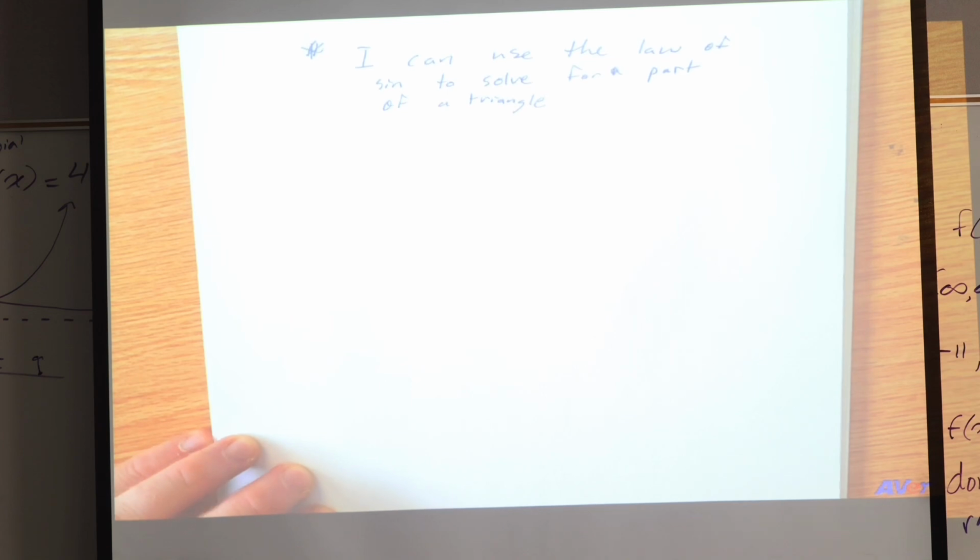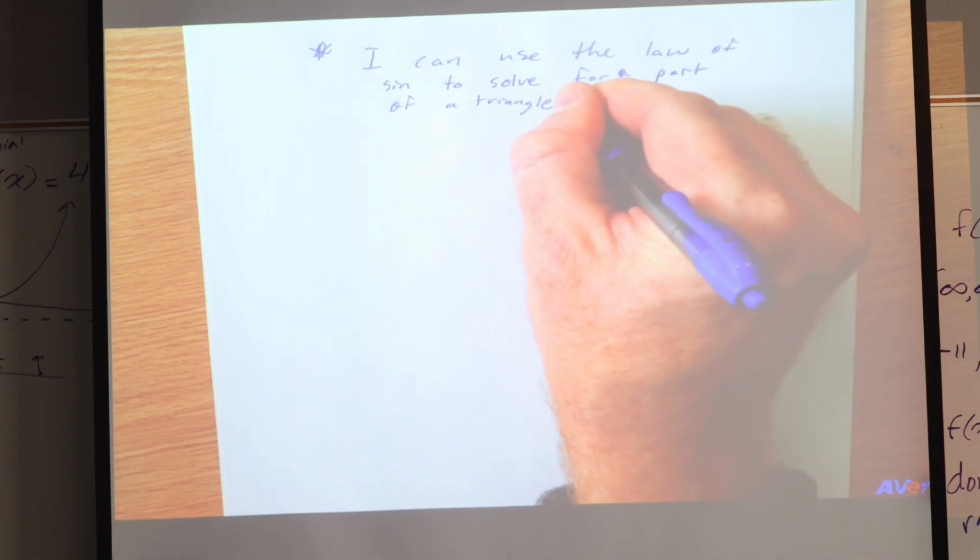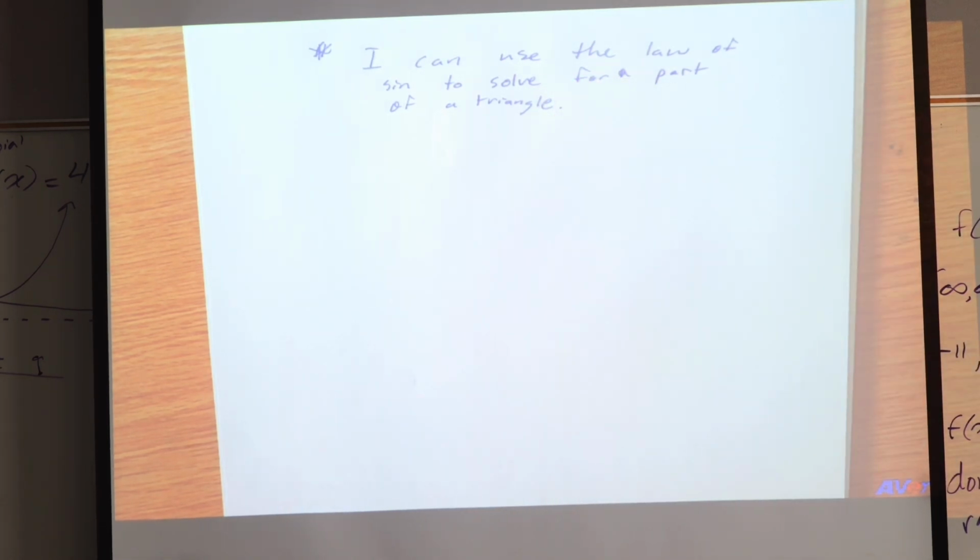Okay, so the law of sine. I have no problem being partial with math because math doesn't care if I'm partial with it or not. This is one of my favorites. This stems back to when we were working with sine, cosine, tangent.